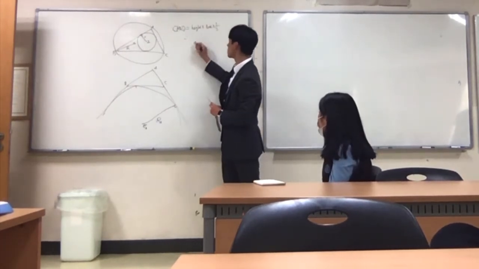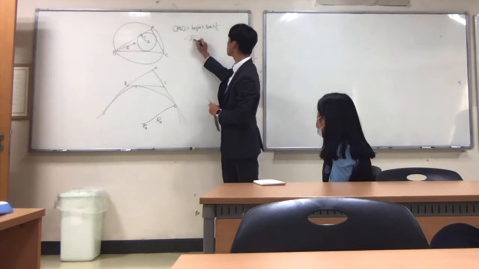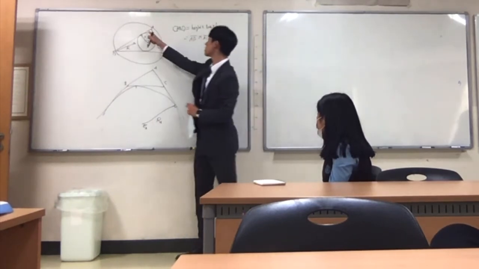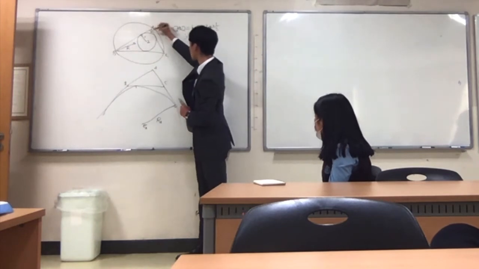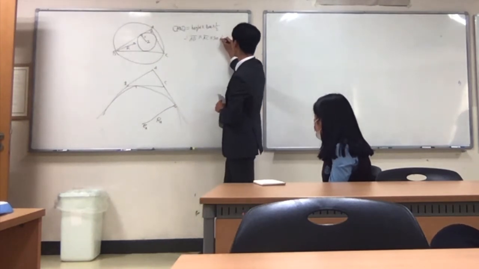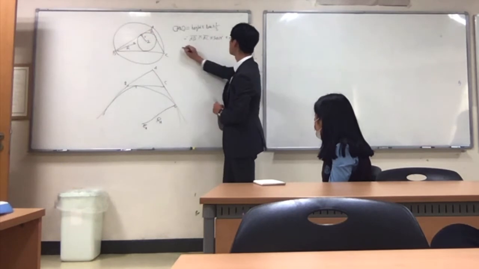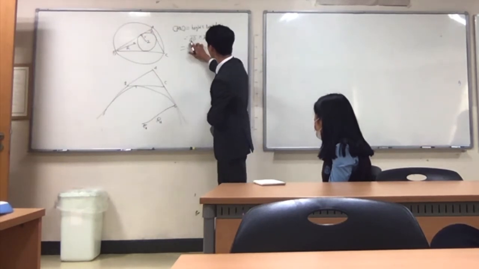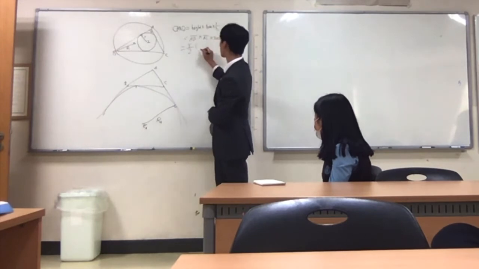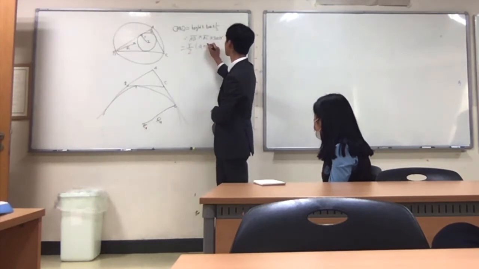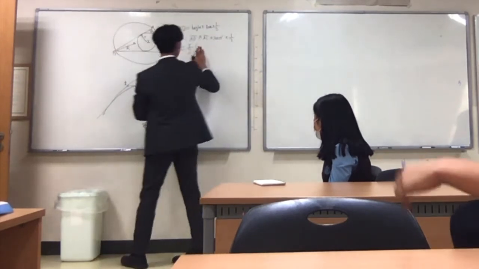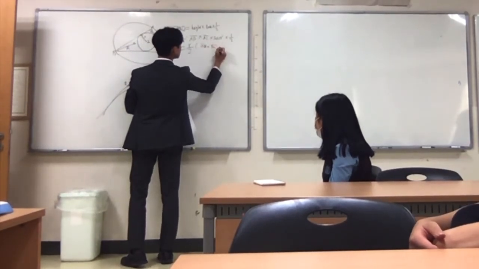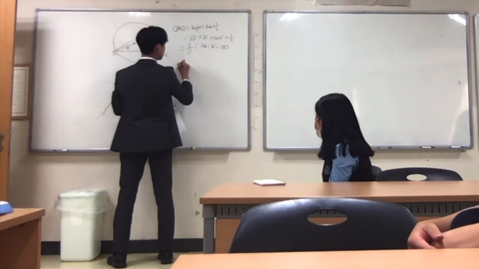The other one is AB times AC times, name this angle here as alpha, sine alpha times 1/2. And then small r over 2 times AB plus BC plus CA.